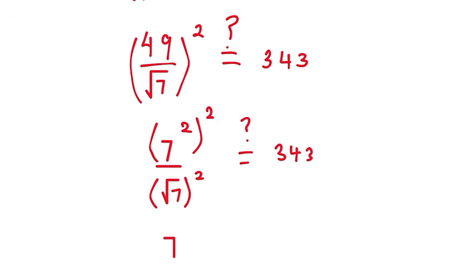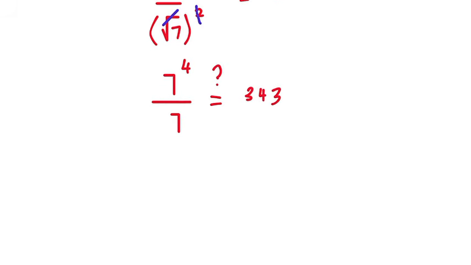The upper one will give us 7 to the power of 4 divided by this power. We cancel the square root, we're going to have 7. So we can have 7 times 7 times 7 times 7, that is 7 to the power of 4 divided by 7.